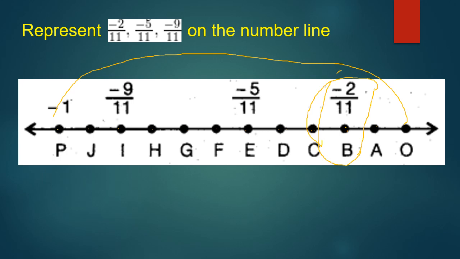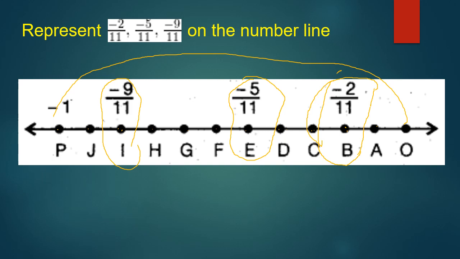Again, here is the question point, and this is the solution, the point where minus 5 by 11 lies on the number line. The next points are minus 6 by 11, minus 7 by 11, minus 8 by 11, again minus 9 by 11. Minus 9 by 11 is the answer point on the number line.